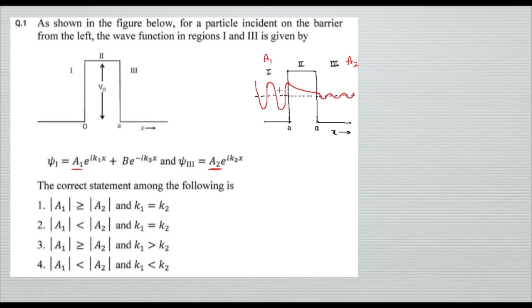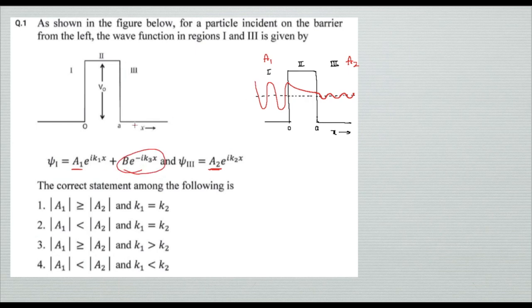Because this wave function will get reflected, and it will travel in both directions. It will travel in the forward direction as well as in the backward direction after getting reflected from here. If you understand the quantum tunneling effect, when a particle in the form of a wave strikes a potential barrier, it gets refracted and it also gets reflected.